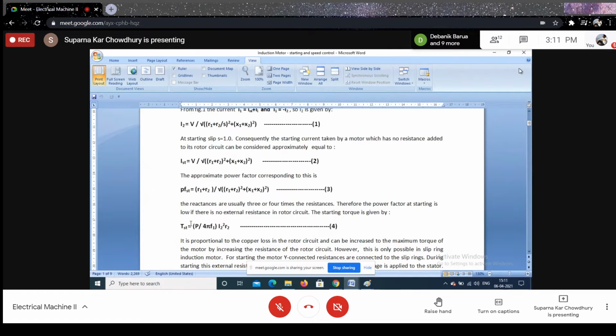So T starting is 1 by synchronous speed, so I2 square R2.